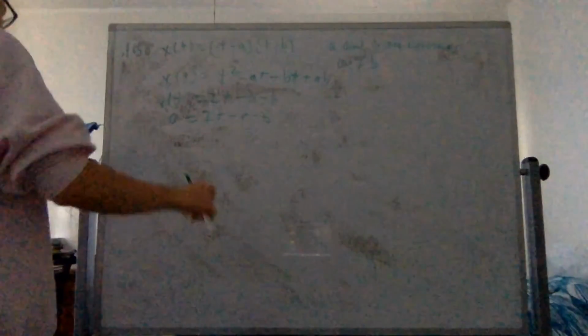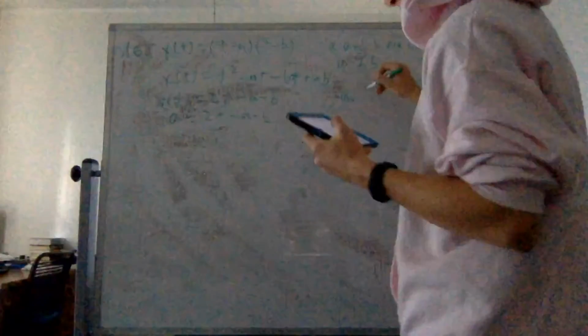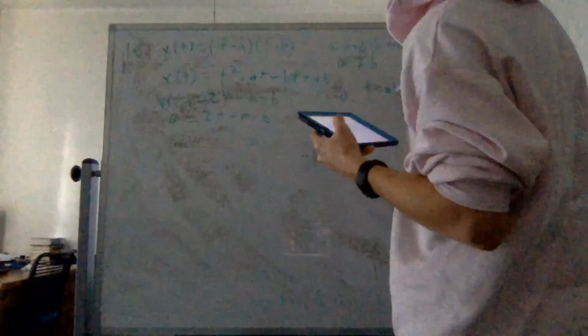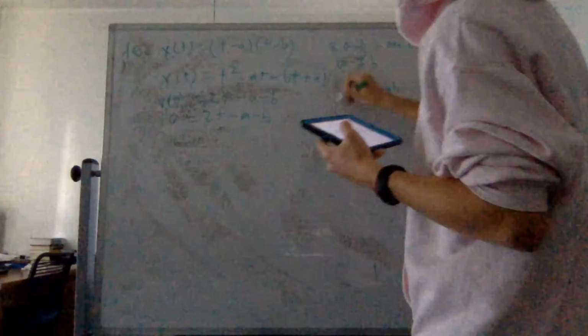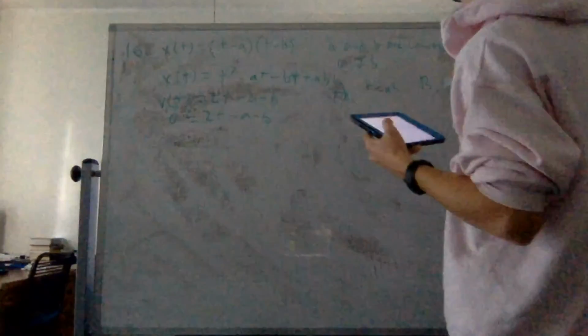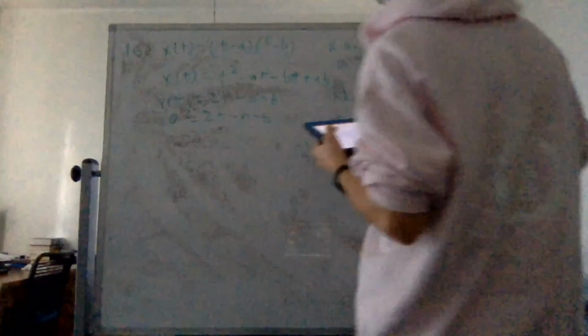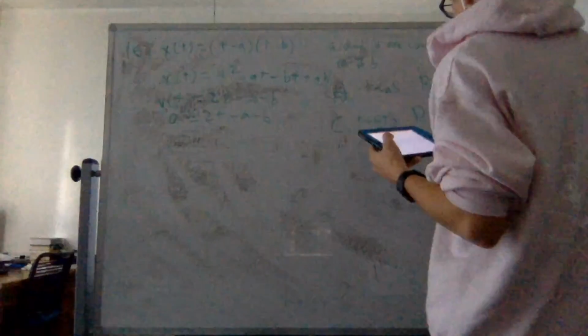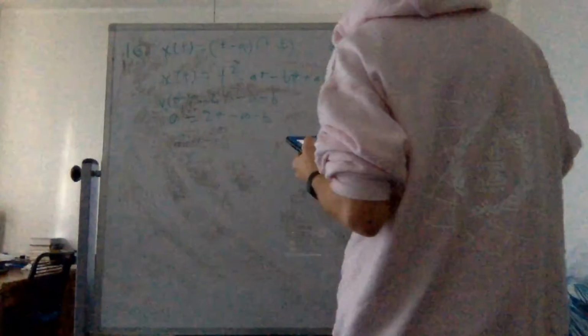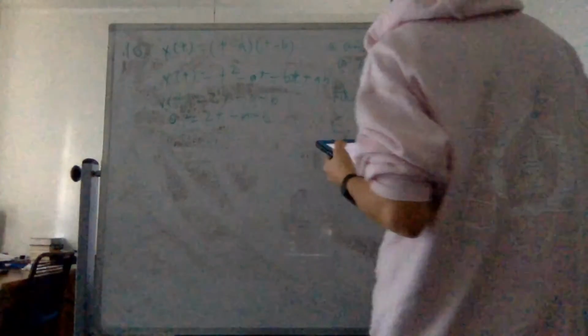Our answer choices are: A, t equals ab; B, t equals a plus b over 2; C, t equals a plus b; D, 2 times the quantity a plus b; or E, t equals a and t equals b.